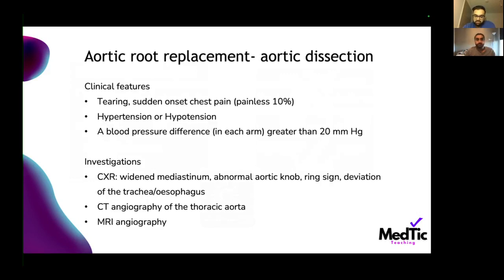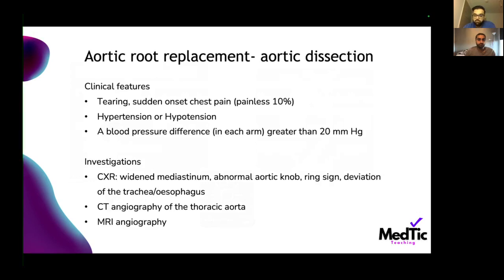So this is a reminder to get out of the routine of those clear-cut questions. You get your sudden onset chest pain in the majority of cases. In some cases it can be painless, but they'd be very mean to do that. You'd usually look for hypotension, but there can be hypertension presenting.